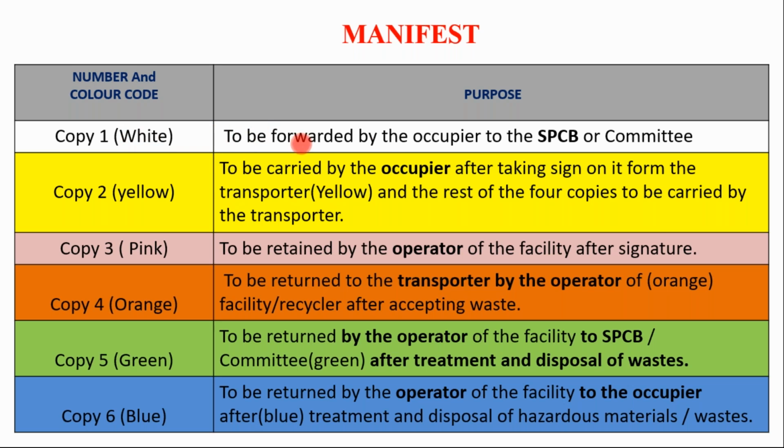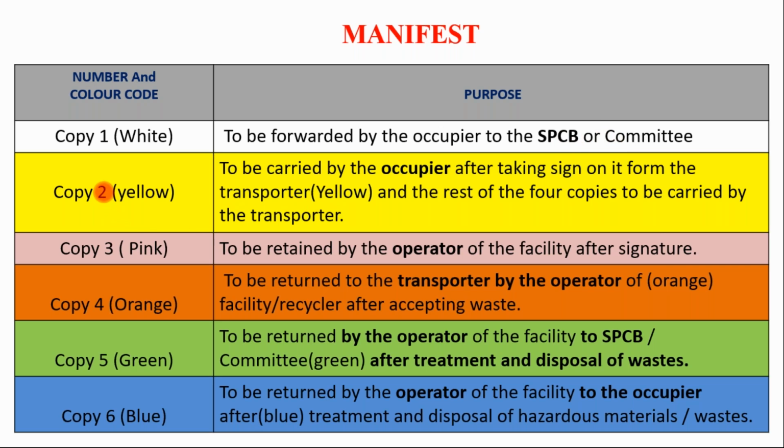It is to be forwarded by the occupier to the State Pollution Control Board or the committee. So this document should be forwarded by the occupier and given to the State Pollution Control Board or the committee.